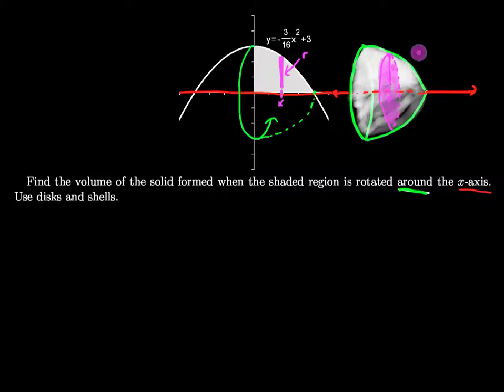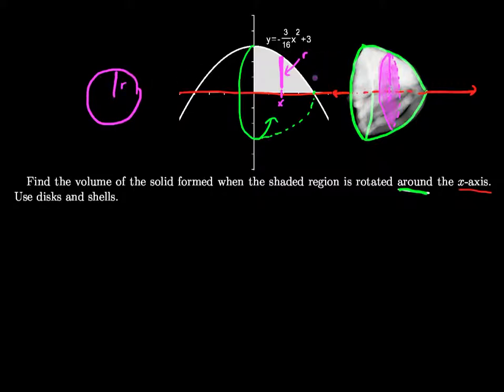That's the disk method we're going to use. And if I were to turn this around and look at it dead on, I would get a circle with radius r.